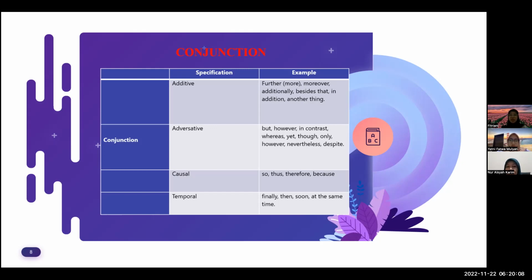The examples, like furthermore, combine phrases and clauses, and combine the sentences in every paragraph. Well, for the last kind of cohesion type, please move to the next slide.